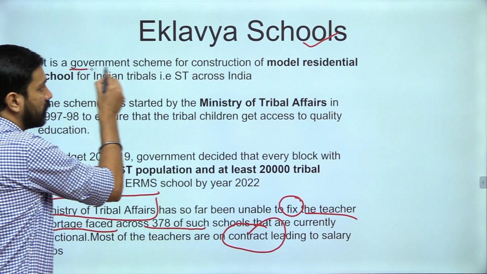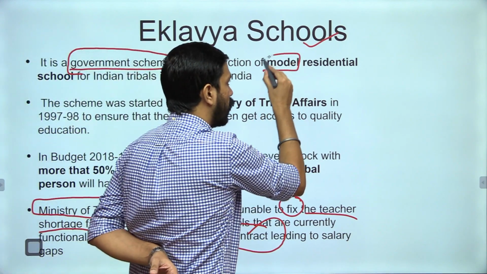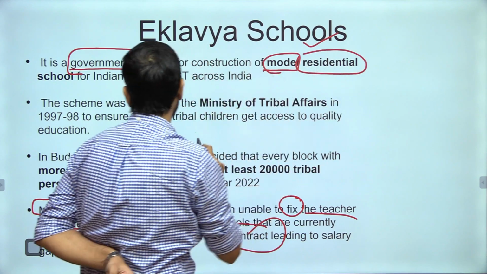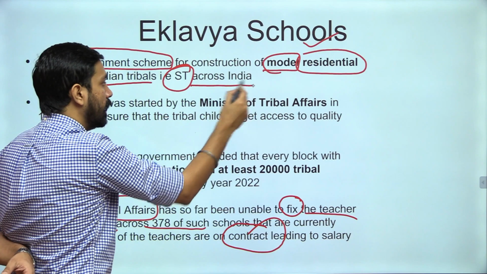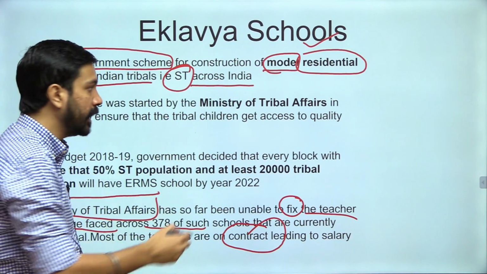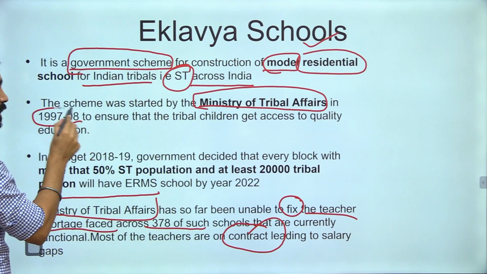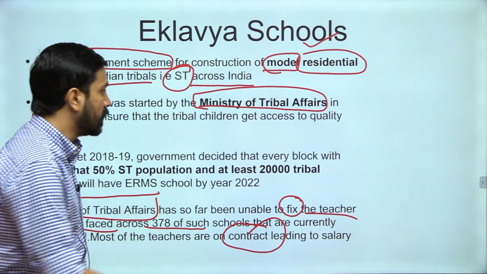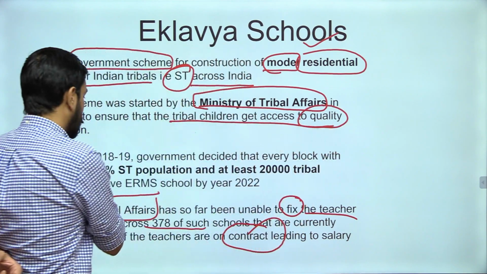See, it is a government scheme for the construction of model residential schools for Indian tribals, that is scheduled tribes across India, and it was started by the Ministry of Tribal Affairs in 1997 to ensure that tribal children get access to quality education.